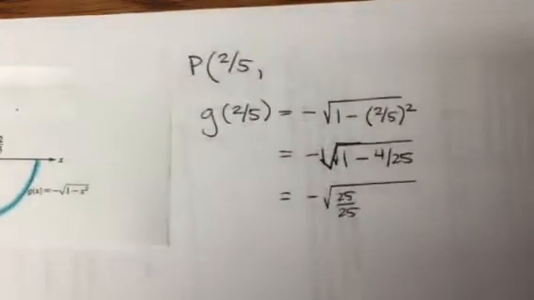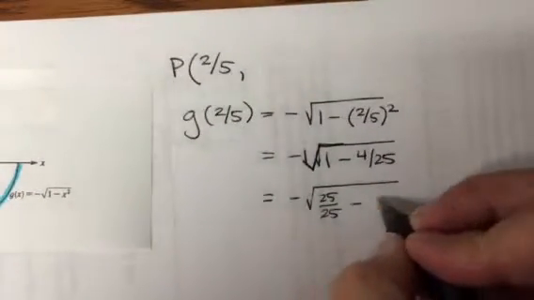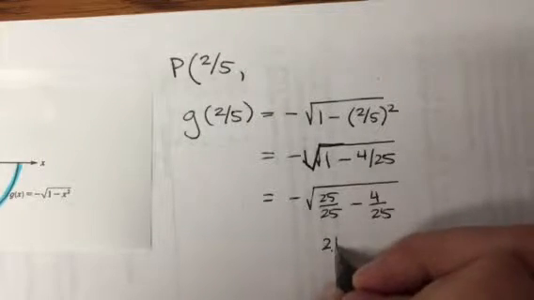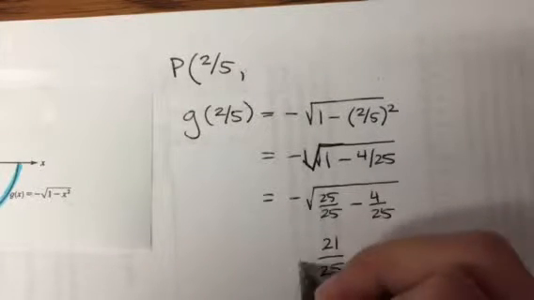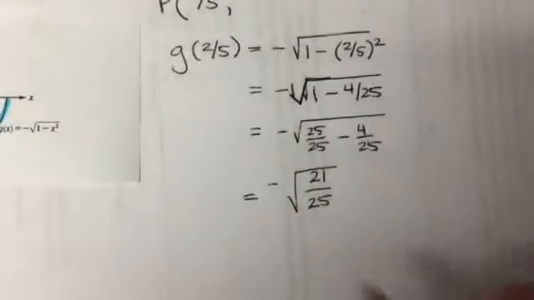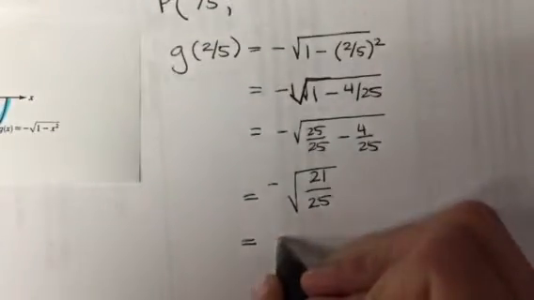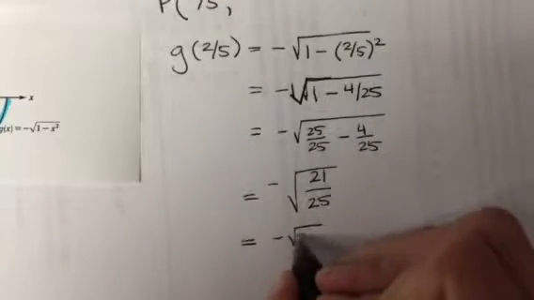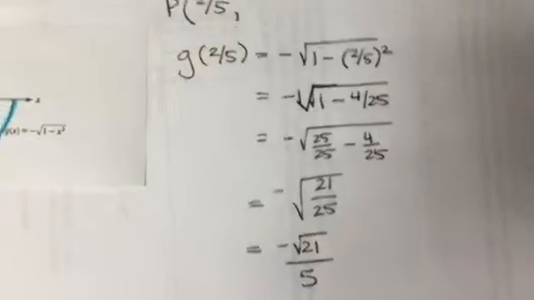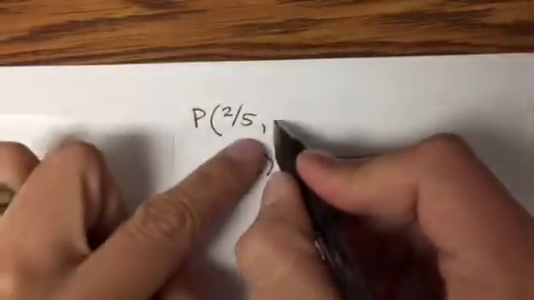I'm just changing it so it has a common denominator. Minus 4/25. So this is 21/25, the square root of that, negative. And then I will have negative square root of 21/5.